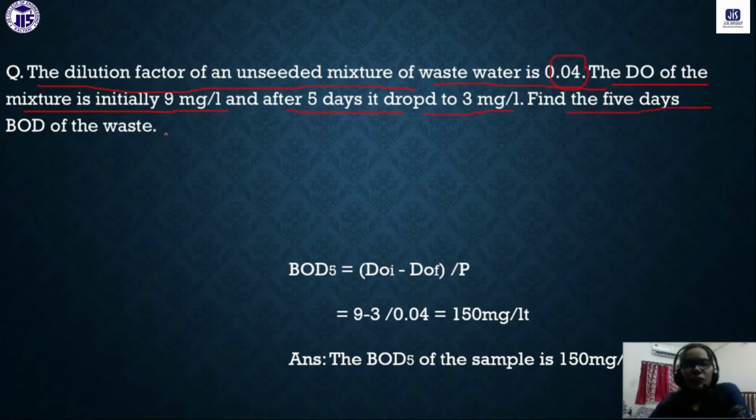Now find out the 5 days BOD of the waste. Very easy question, because the P value is given, that is 0.04. The initial value of the dissolved oxygen is given, and after 5 days the final value 3 milligram per liter is also given. Now you have to just find out the BOD5 of the wastewater.